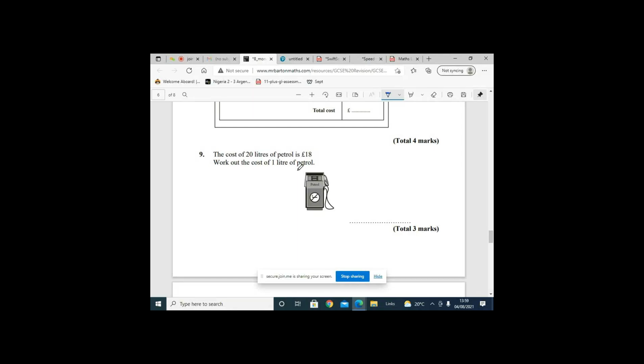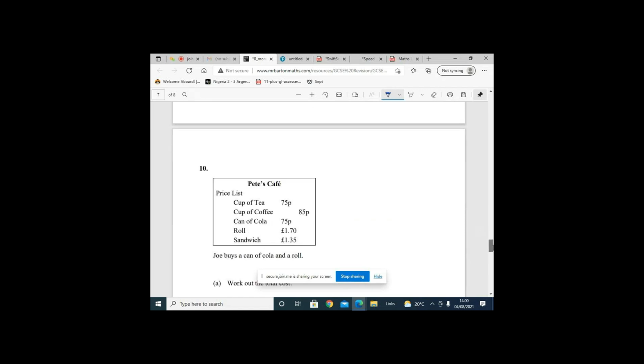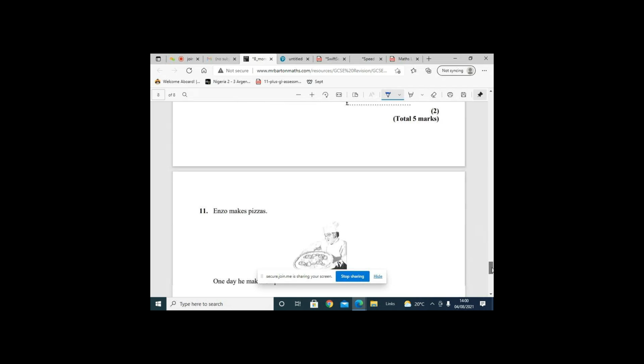Well done. You want to find how much 1 liter will cost, so 18 divided by 20. That's going to give you 90p. Well done.